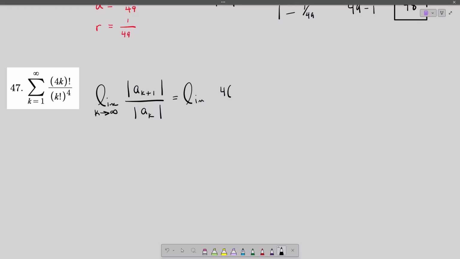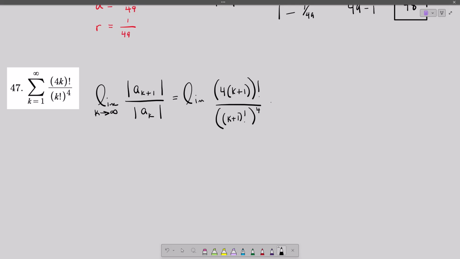So I'll do it in 2 pieces just to make sure you're seeing that. So there's the a sub k plus 1's numerator. We will get 4k plus 4 in a moment. Down below, we have k plus 1 replaced in for the k, so k plus 1 factorial, and all that's raised to the 4th power.